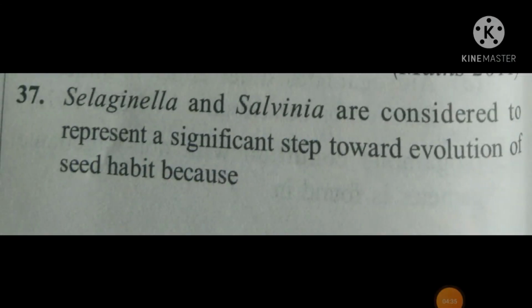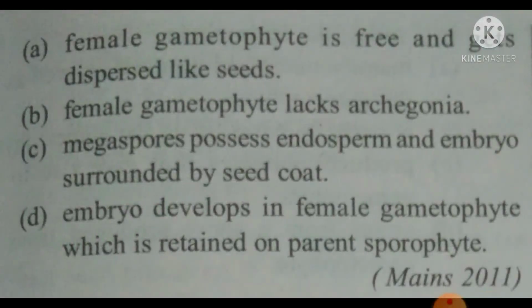Next question. Selaginella and Salvinia are considered to represent a significant step toward evolution of seed habit because of options A. Female gametophyte is free and gets dispersed like seeds, B. Female gametophyte lacks archegonia, C. Megaspores possess endosperm and embryo surrounded by seed coat, D. Embryo develops in female gametophyte which is retained on parent sporophyte.